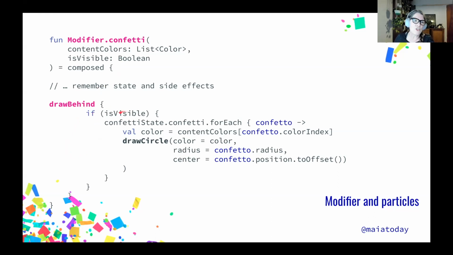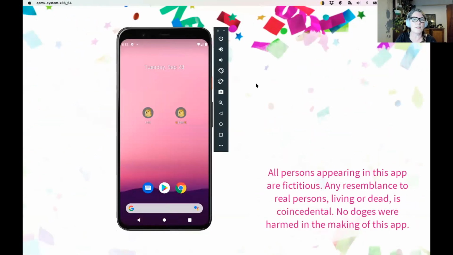And this basically just checks to see if the confetti is visible, and if it is visible, then get the state and loop through the confetti, and then get their color and maybe their size and their position and their offset, and draws them just by drawing in a normal draw scope, drawing a circle. This could be a rectangle or a circle, depending. I'm just showing the circle example. So after seeing all of that, now I can give you the final demo of what this looks like, hopefully.